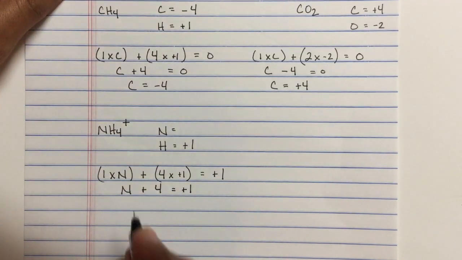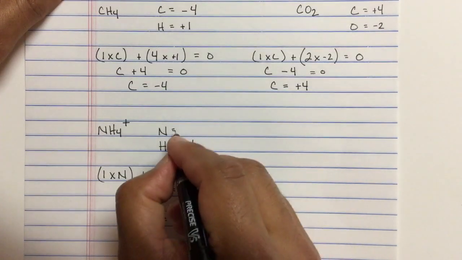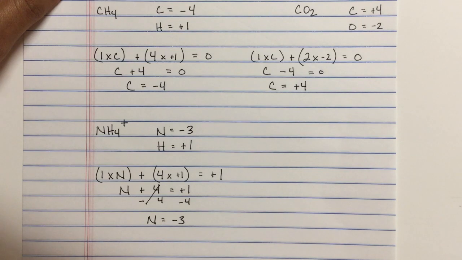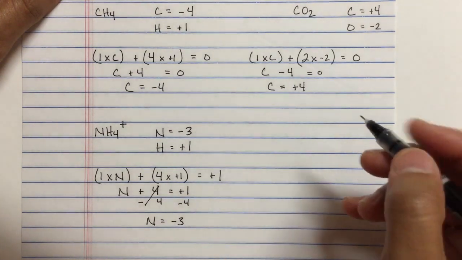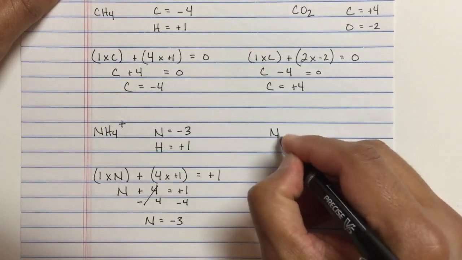So here we do a little bit of algebra. Minus 4 on both sides. So the oxidation state for nitrogen is a minus 3.